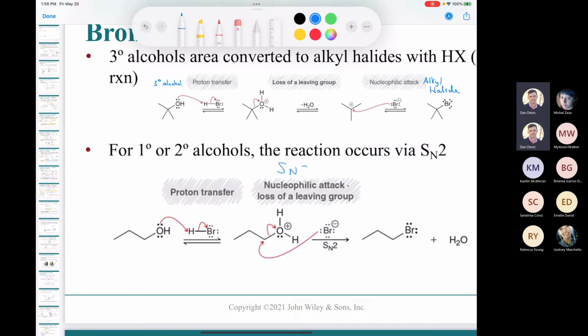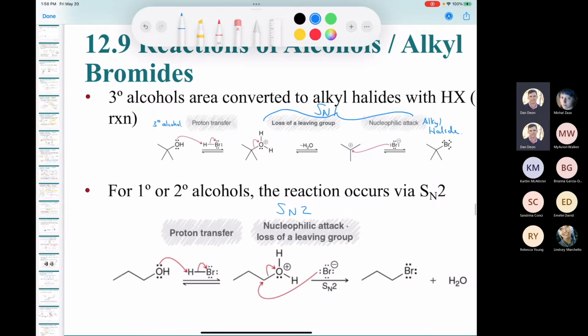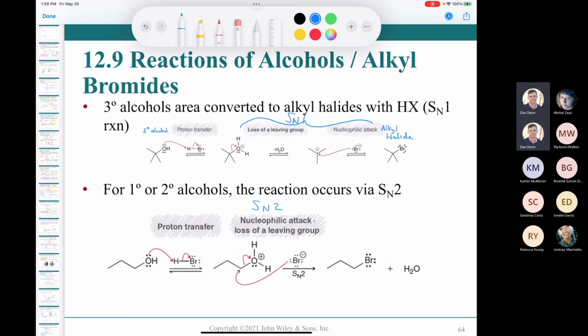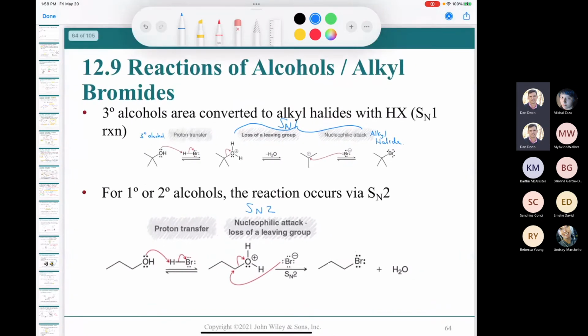And so this is an SN2, whereas when we have the loss of leaving group and nucleophilic attack occurring stepwise, this is an SN1: SN1 at a time, and then SN2 for SN together. So again, these are nothing more than reactions that we covered in Chemistry 3101.